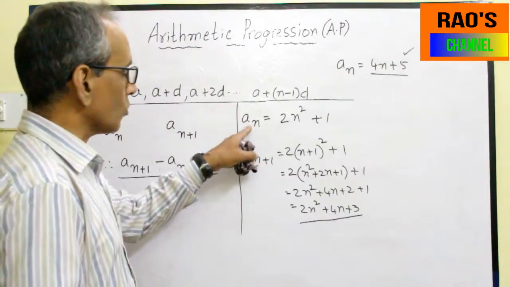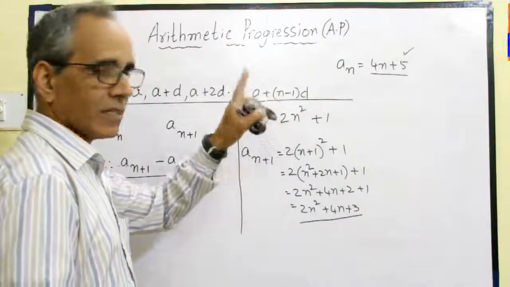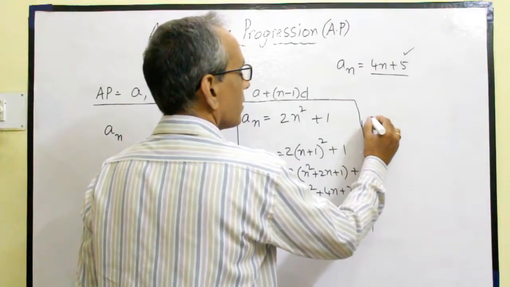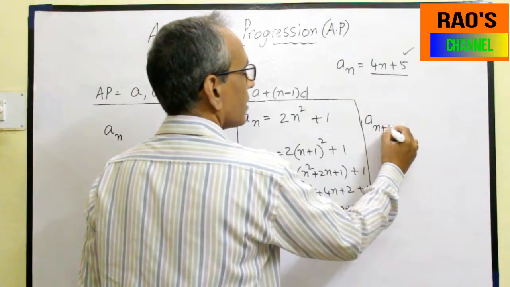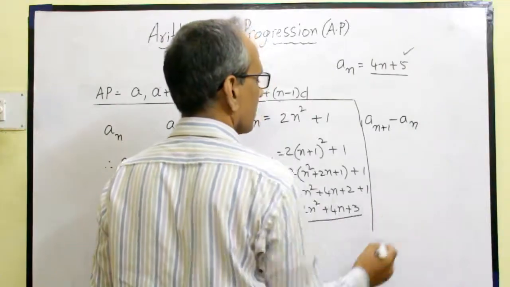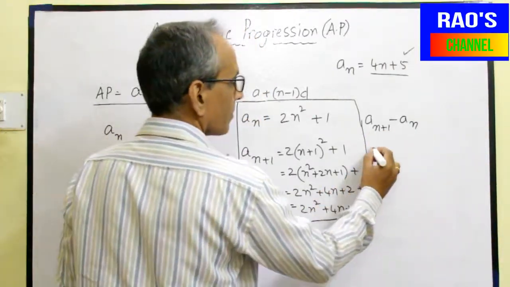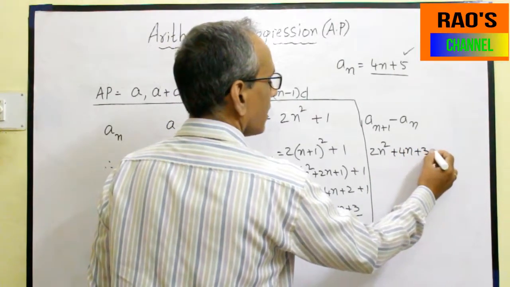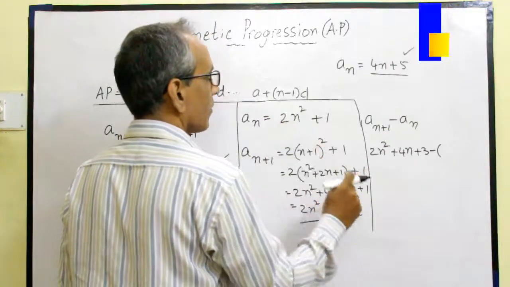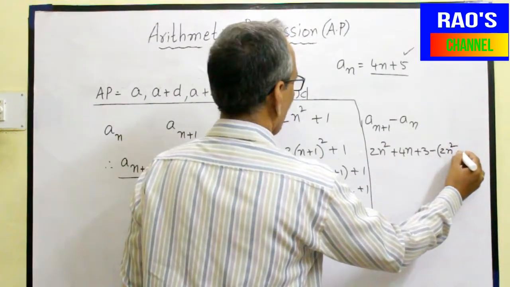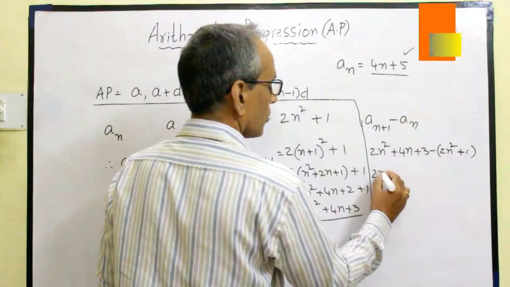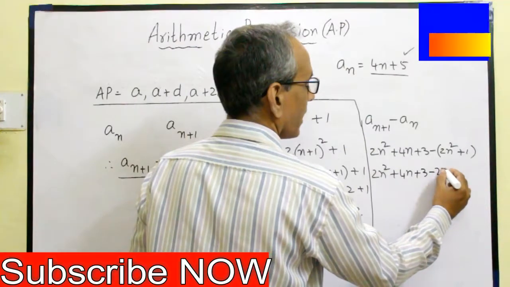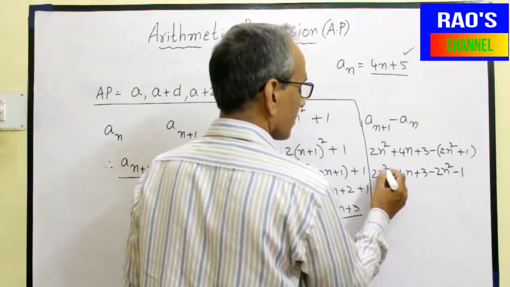Let me subtract these two. If I get any constant, I say this is in AP or else not. So the difference, n plus 1th term minus nth term: 2n square plus 4n plus 3 minus 2n square minus 1.